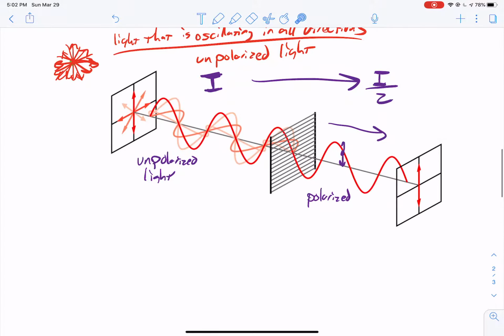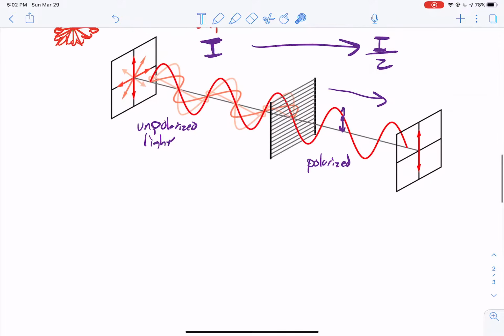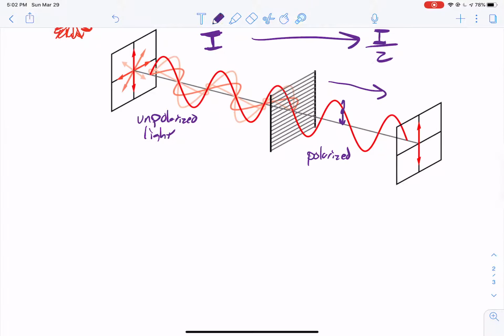Now, this is nice, but what about this? Let's say we have unpolarized light over here. Unpolarized, UP, unpolarized light is coming in, and we're going to make a polarizer that is sending vertically right here. And then we're going to put a second polarizer up. The second polarizer is going to be totally horizontal. And then we're going to see what the intensity is in different places.